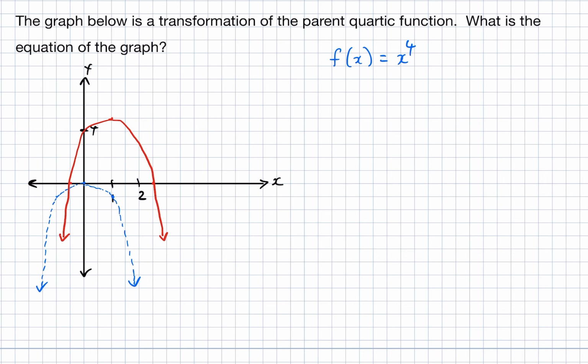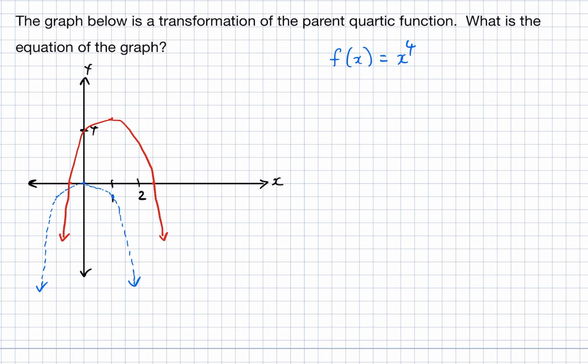If this is the parent function, the question is, what is the transformation of this new function? What is the equation of this function? Well, let's take a look. We know that this function shifts to the right 2 places, and it goes up 1, 2, 3, 4, 5. It goes up 5.